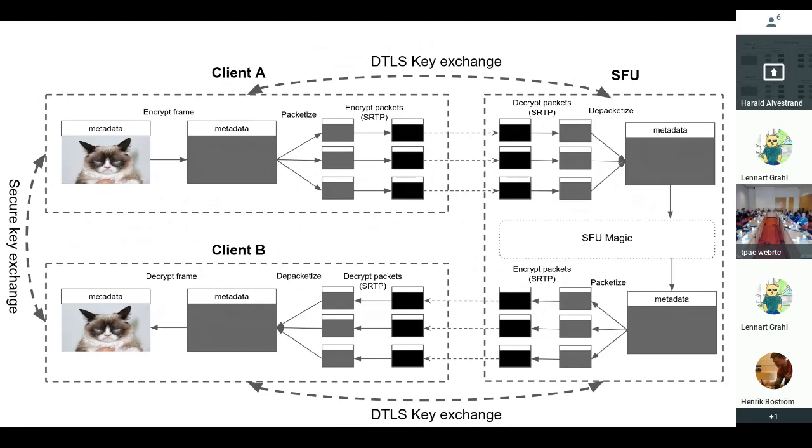Then these packets will go through SFUs, decrypt the outer encryption using SRTP, regenerate the format. It does not see the media, does some SFU magic, then selects and forwards to the next client, re-encrypting again using the SRTP. And then the final client B will first decrypt the outer layer, construct the encrypted frame, then decrypt the frame using the end-to-end encryption keys.